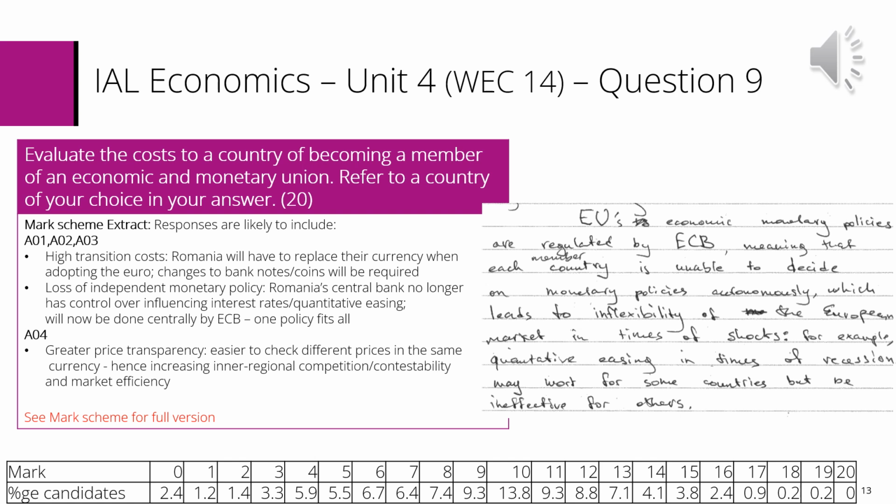Almost 50% of responses to this question scored less than half marks, and no candidates were able to score full marks here. Finally, only just 9% of students scored 15 or more marks. So we can see here how this particular question has underperformed quite considerably.